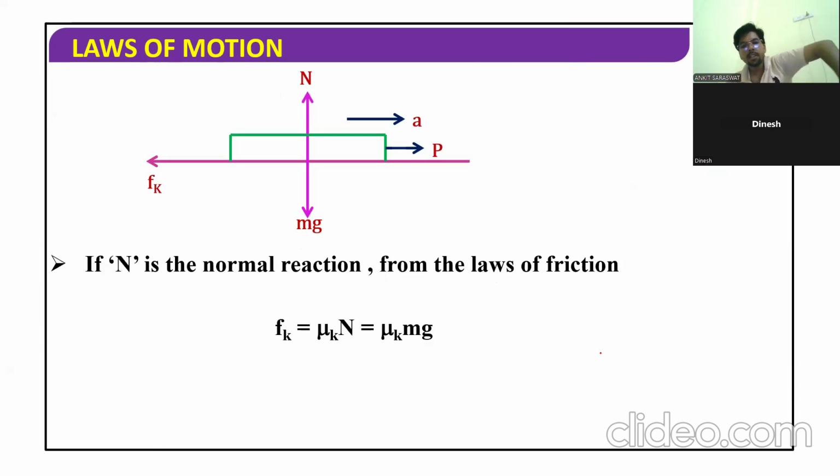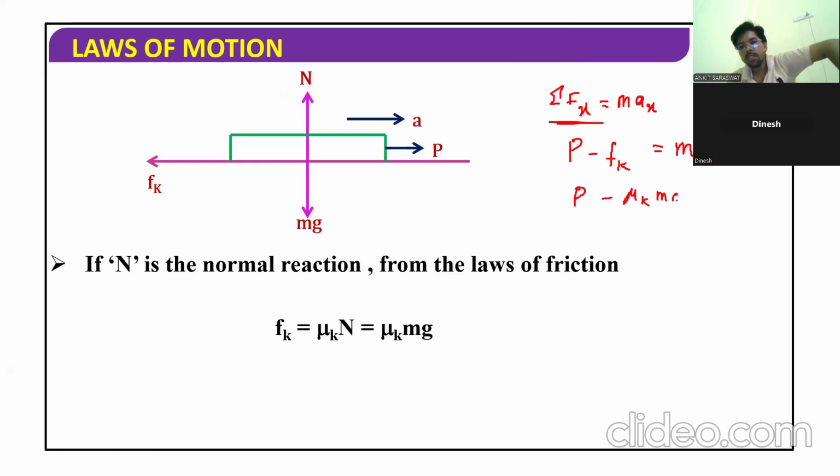It is going in the x direction. In x direction, net force will be P to the right, Fk to the left. Here m is the mass of the system, ax is the acceleration in x direction.